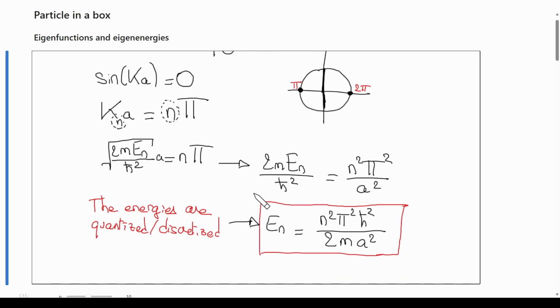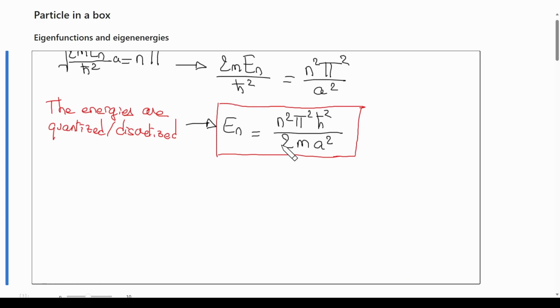So now we have computed the possible energies of the particle in the box, and we see that it's some quadratic behavior in n.